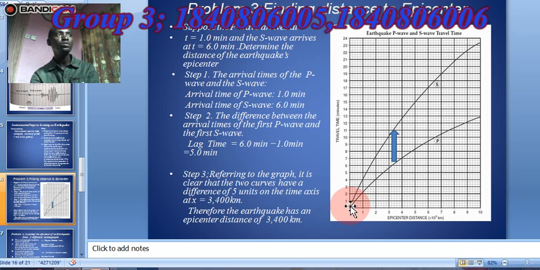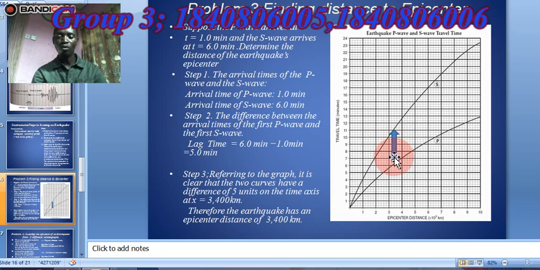What we will be doing is we are going to slide this arrow until it perfectly fits between the two curves, that is the P wave curve and the S wave curve, exactly at a place where the two curves fit this arrow.